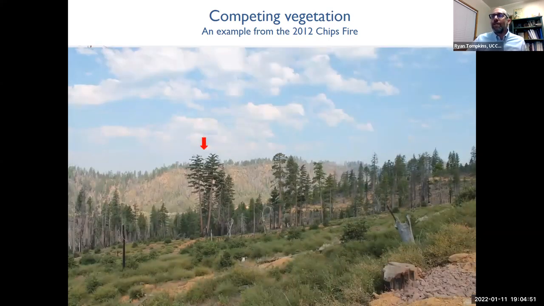But you can see this is a photo a few years later. There are trees in that brush field. Please rest assured. However, you can see that there is just a very vigorous response in the shrub understory, as well as some resprouting black oaks here that we wanted to maintain on the site.